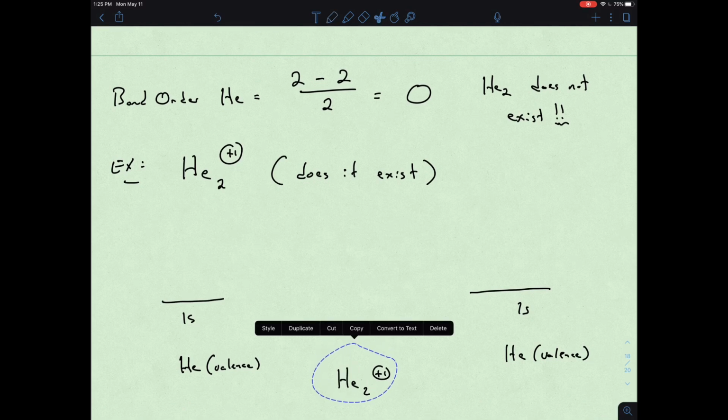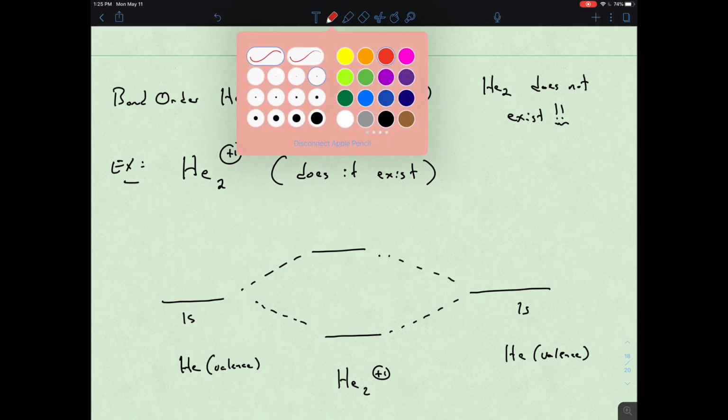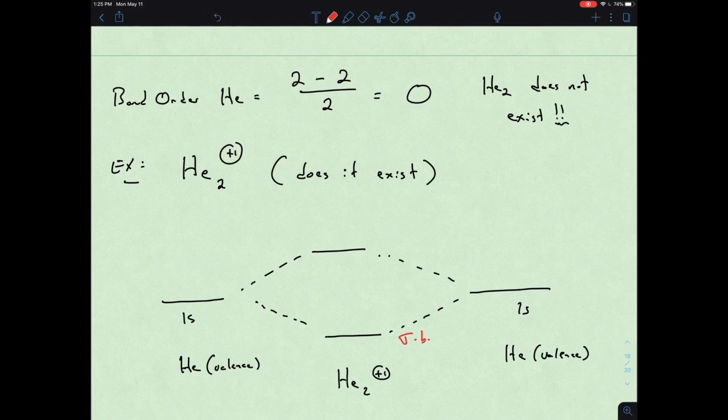Same kind of setup every single time, with this lowering and gaining of orbitals in terms of the sigma bonding and the sigma star, or the antibonding.